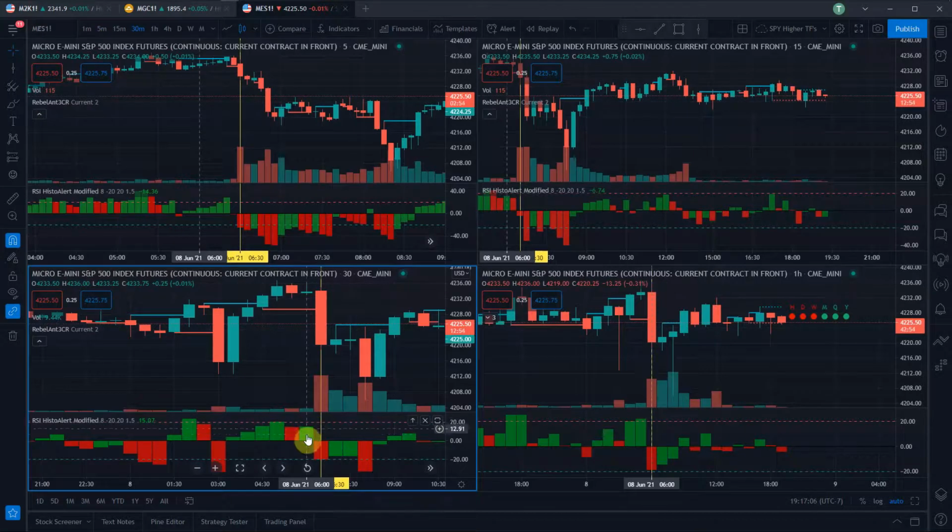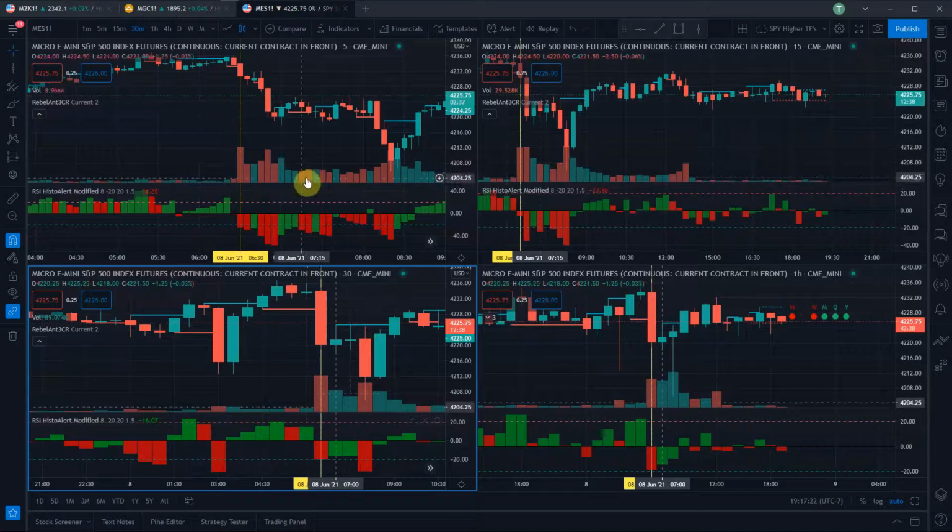So since this wasn't above the 20, I wanted to see a 20 level trigger on the flip side over here. So we did get that. It closed at 19.80, but it did touch 20.